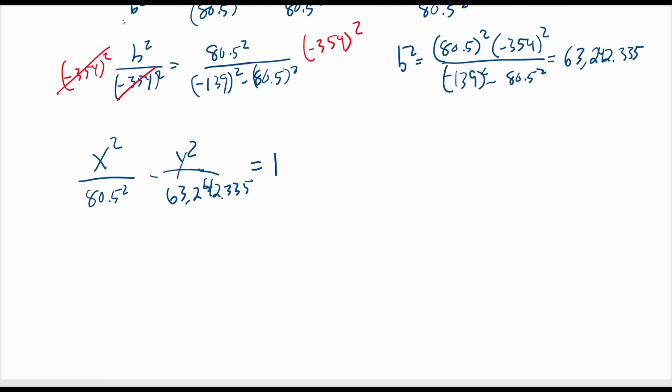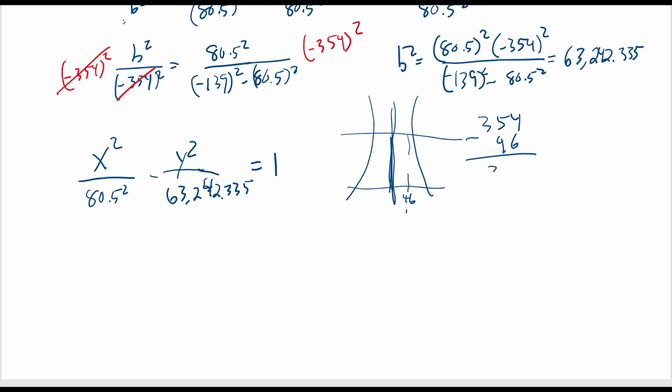Okay, so if I'm just going with my shape, centered at the origin, and this is 46 feet here, then what's this part going to be? Well, that's going to be 354 as I check my notes, 354 minus the 46, and we get 308 from there.